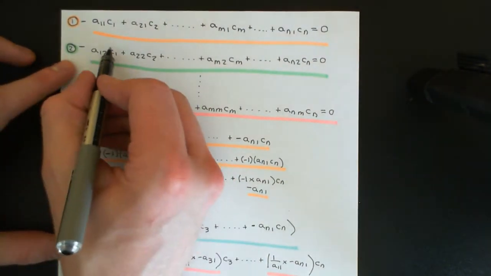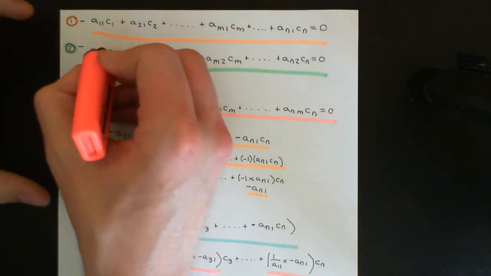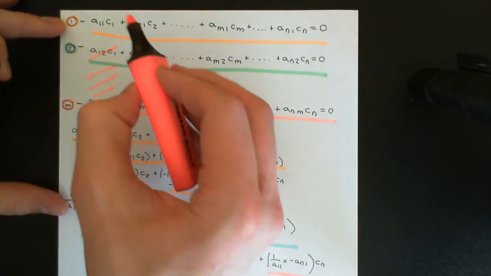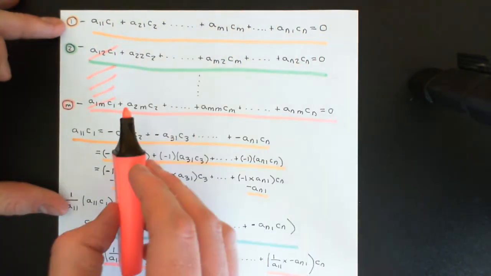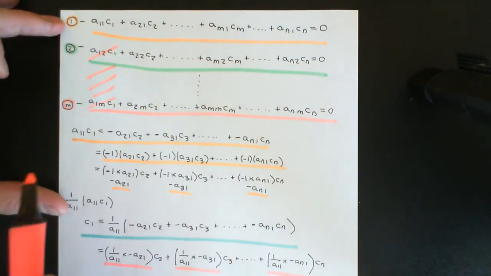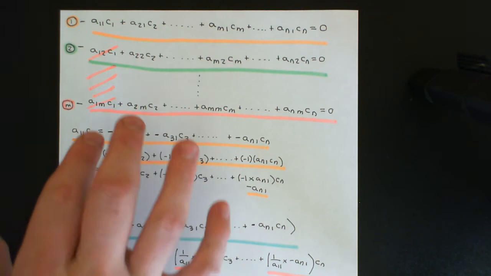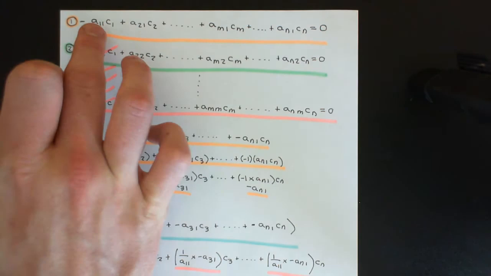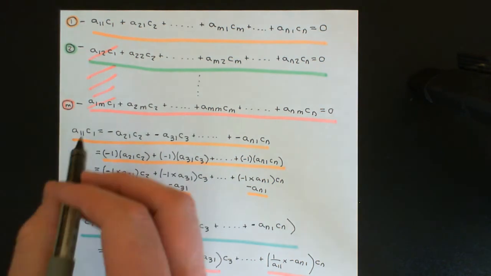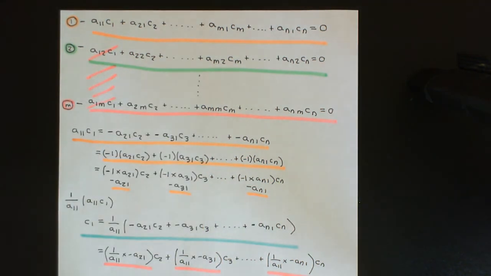That will get rid of this first term from all of the other equations, and it will change the remaining terms, adding lots of bits on to all of them. But it means that now I can change this system of linear equations so that only the top one actually has a C1 term and all the others have a zero C1 term.